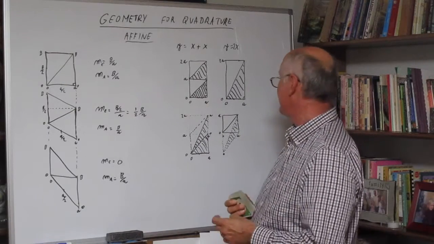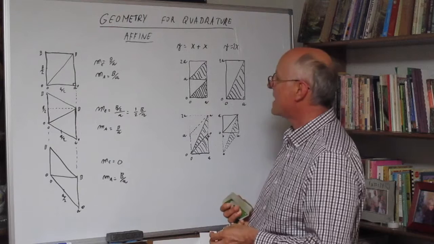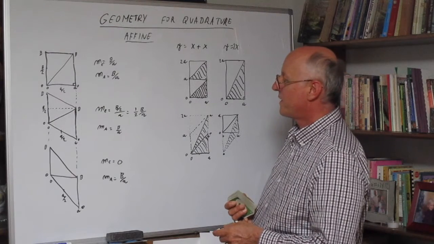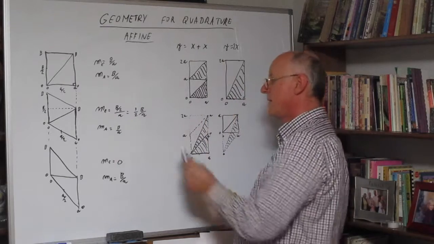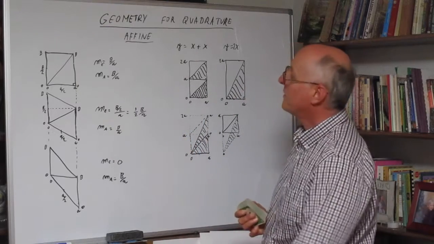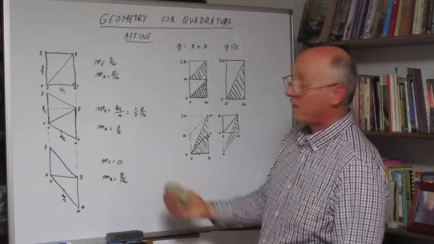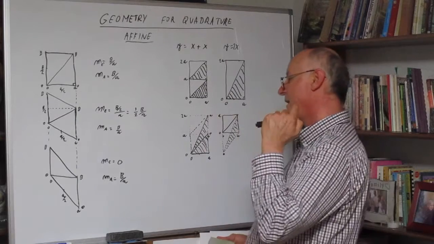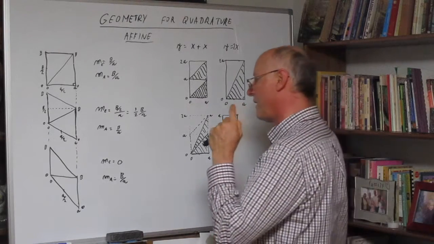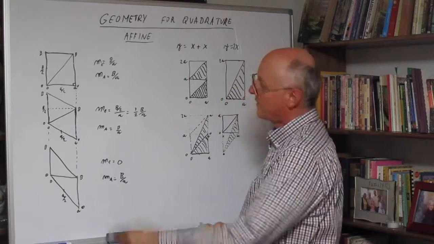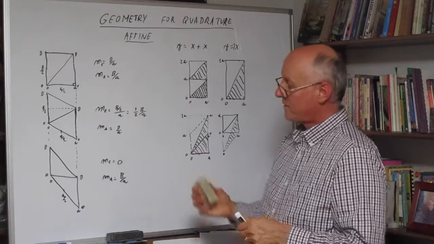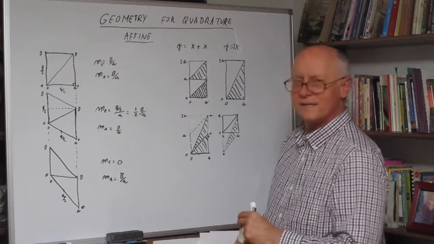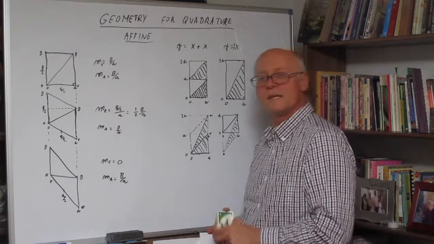And I think you'll begin to understand that area is invariant under a Cavalieri shift, and equally slope is invariant within the affine geometry under a Cavalieri shift. So, thank you.